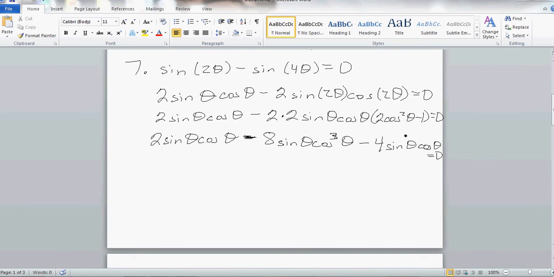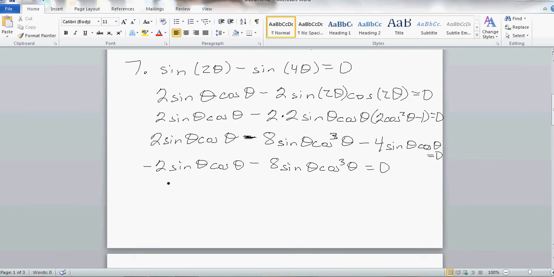Now we can actually combine like terms because we have this here and this here, so it becomes -2 sine of theta cosine of theta minus 8 sine of theta cosine cubed of theta equals 0. Now I'm going to factor out what I can.